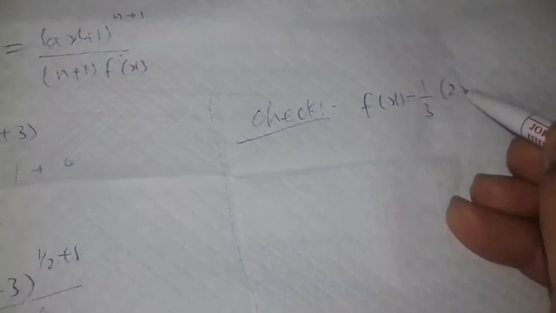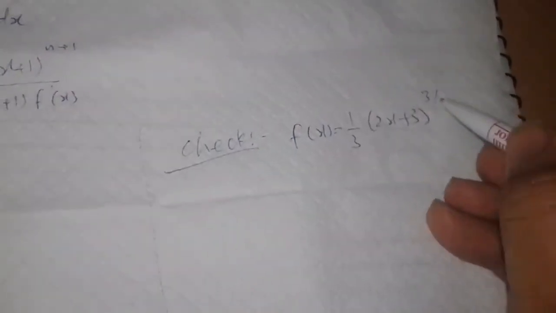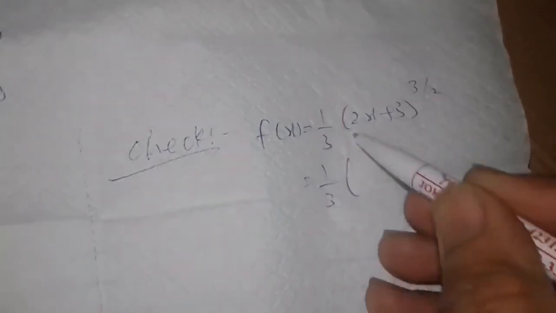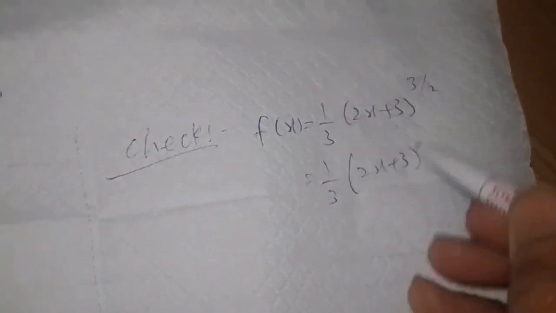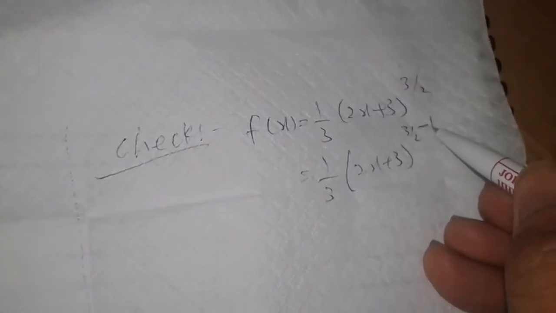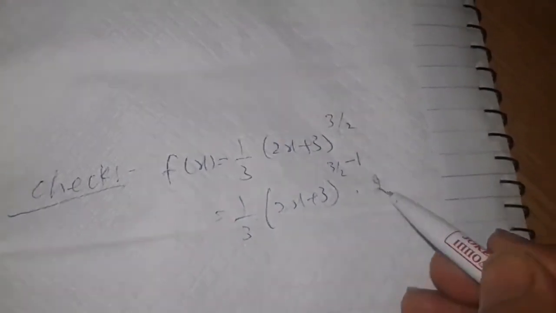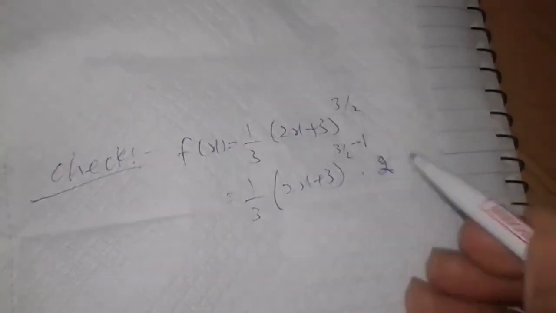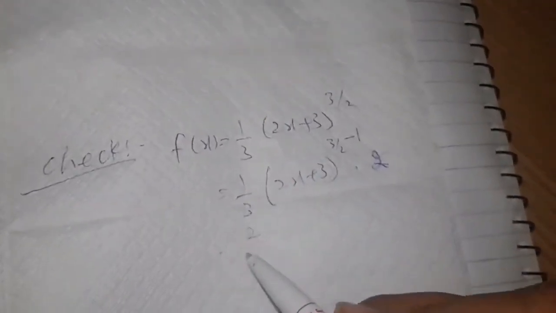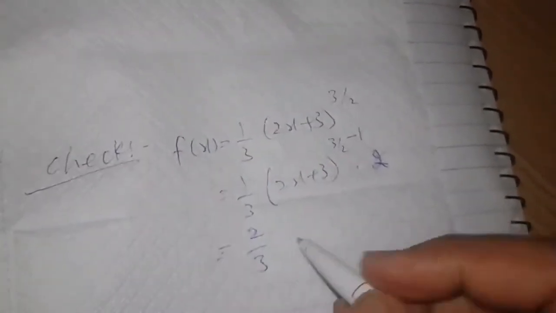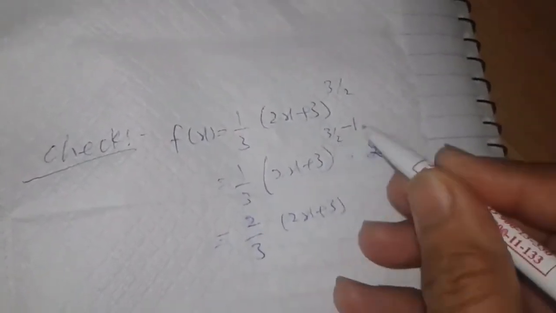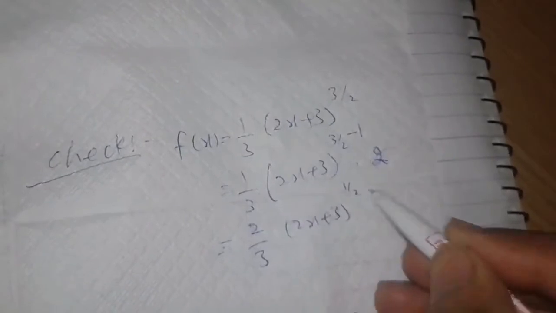we said that f of x is equal to 1/3 (2x + 3)^(3/2). Now take its derivative, it will become (2x + 3)^(3/2 - 1) multiplied by the derivative of the function, which is again 2.